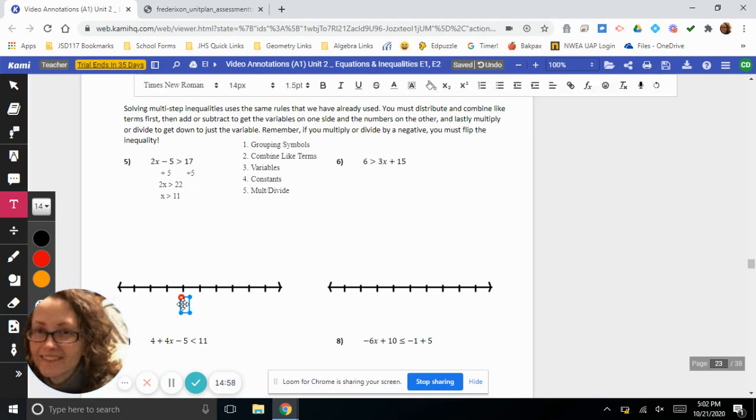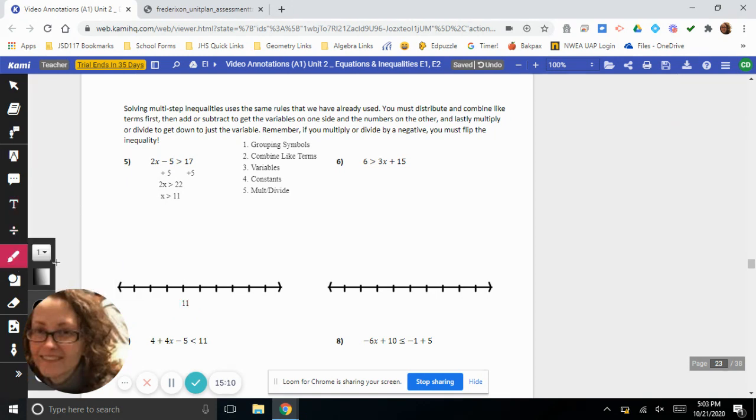So I have 11 as my critical number. And I want to have an open circle because I do not have the bar underneath here representing the equal to.